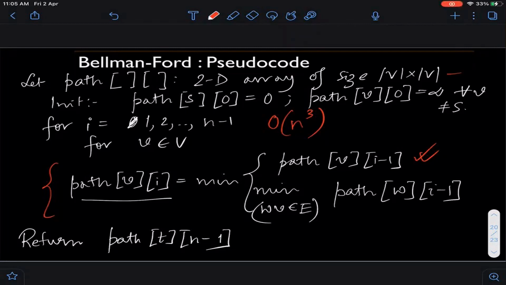Okay, Taral, can you explain that a bit? Can you just unmute yourself and tell us what you want to say? So Taral says that the inner loop is sum of in degrees of v, and the outer loop runs v minus 1 times. So Taral, you want to say this?